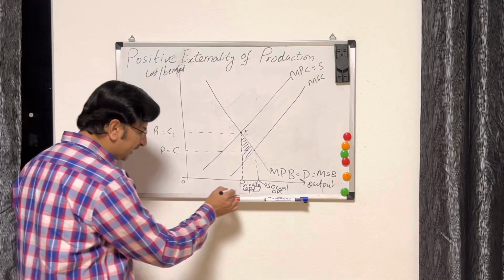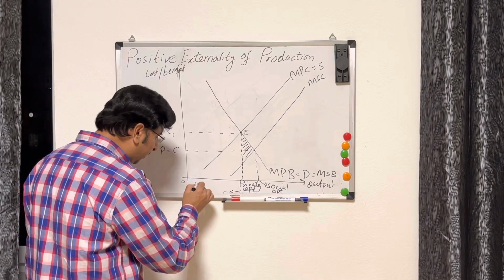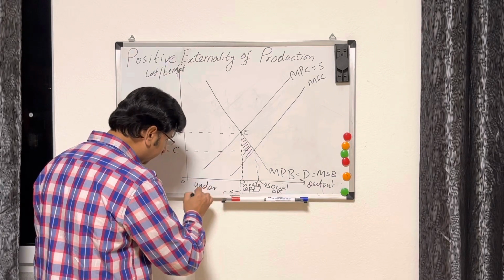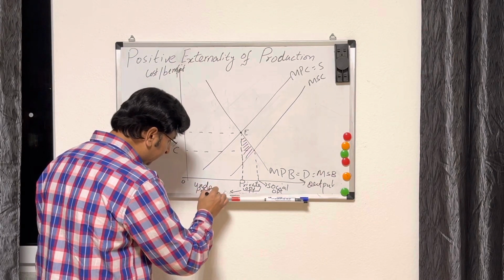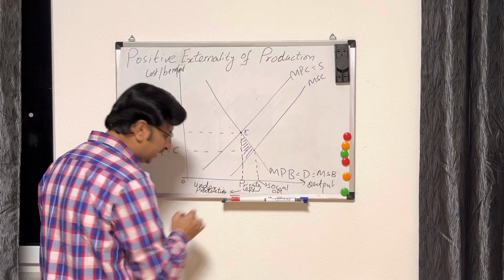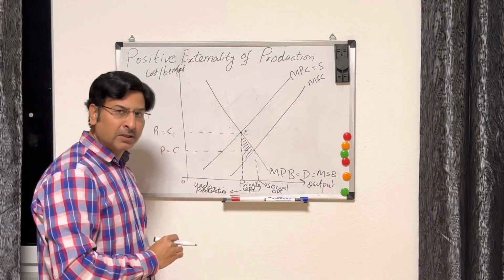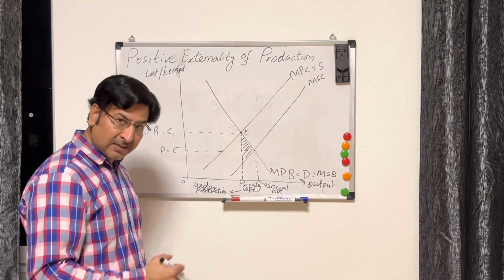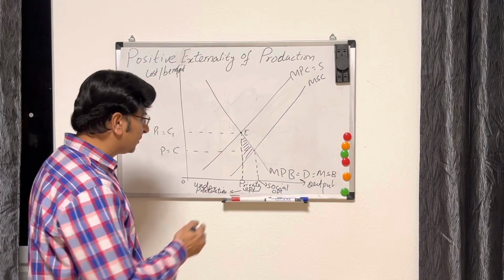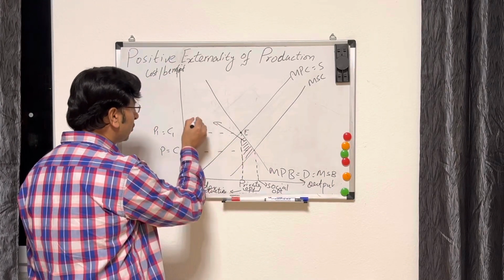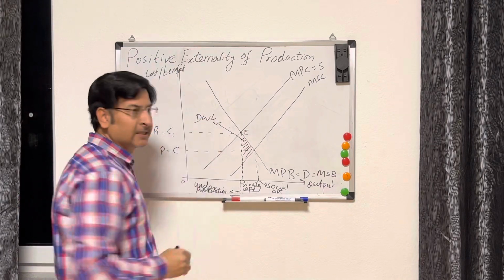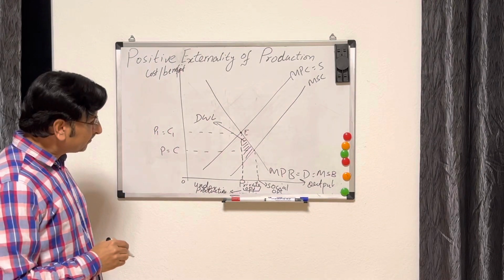This gap shows there is underproduction. And since this product is produced less than what society wants, there would still be some deadweight welfare loss for the society, which is shown in this case, right?